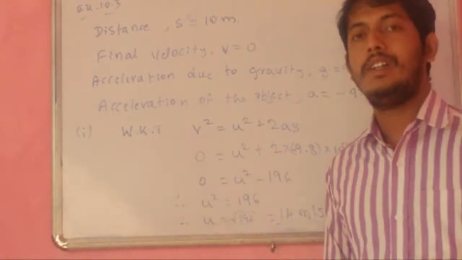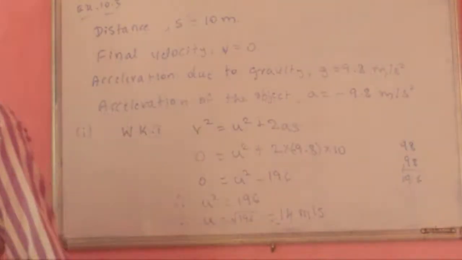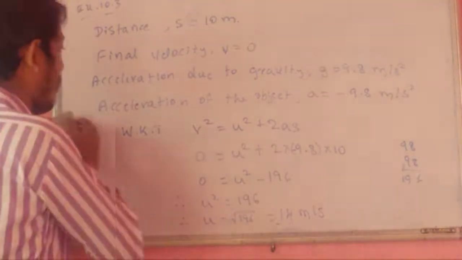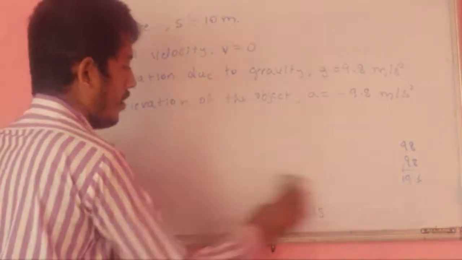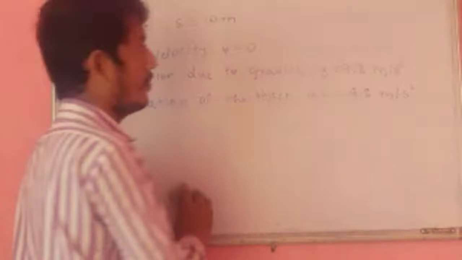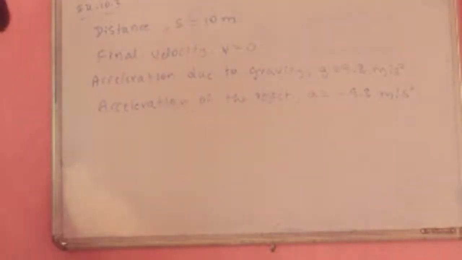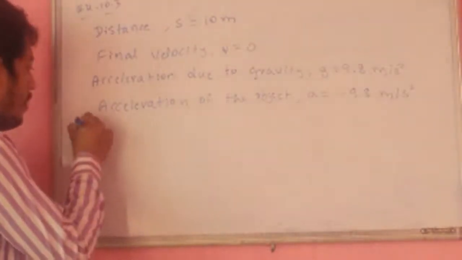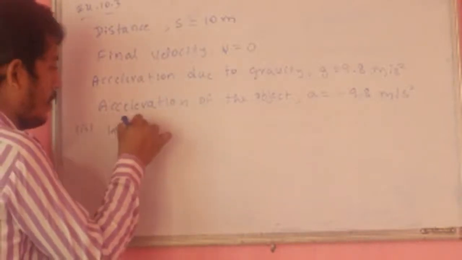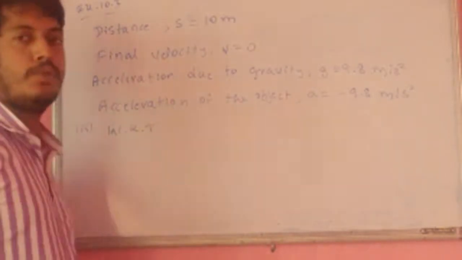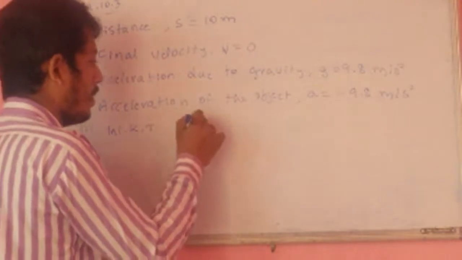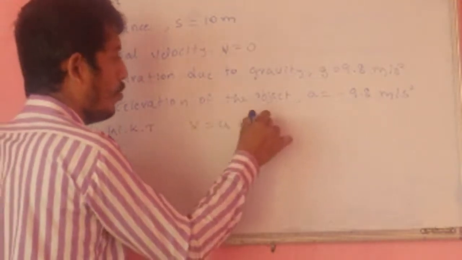Now we have to find out the time taken to move the 10 meter distance. Again, we have to use the equations of motion formula, that is v equals u plus at.